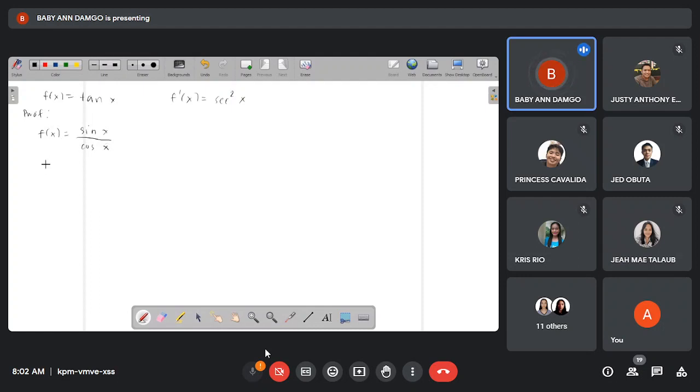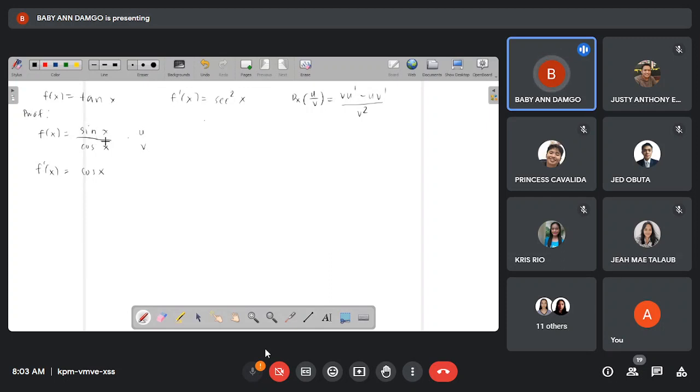So, atong kuhaon ang derivative, so this is of the form quotient rule. So, the derivative of u over v is equal to vu prime minus uv prime all over v squared. Okay, so this is of the form u over v. So, this is v, cosine x.